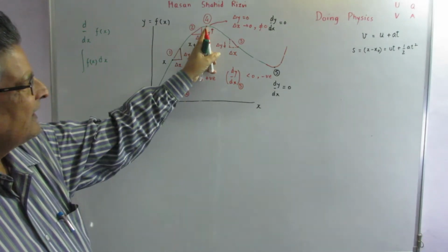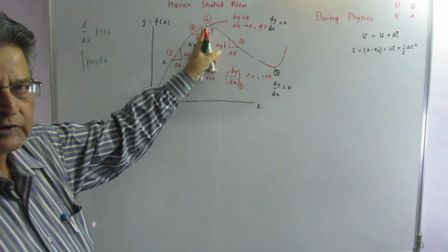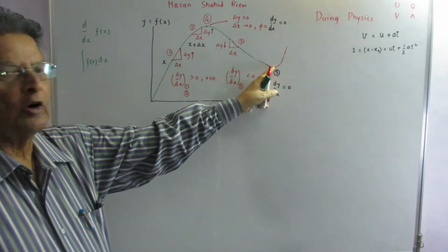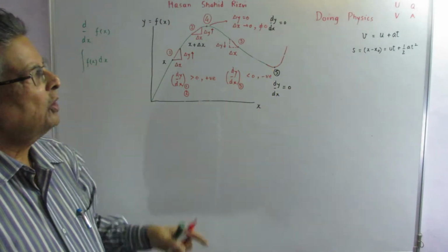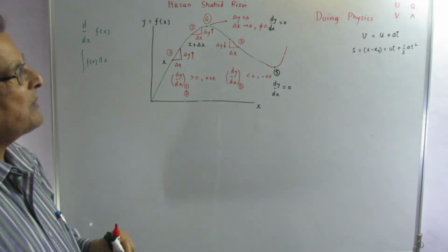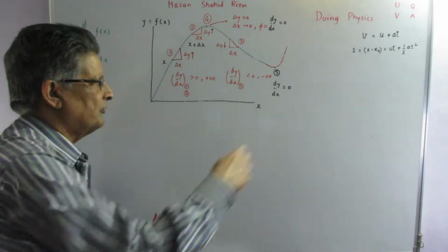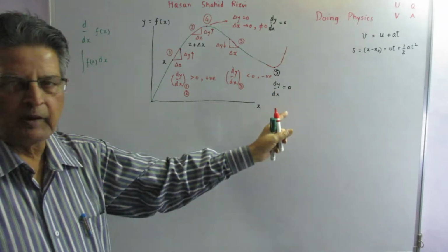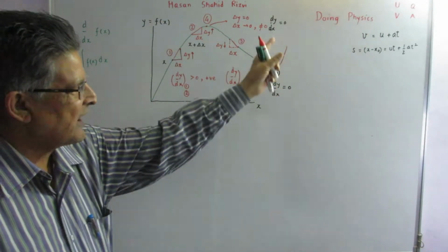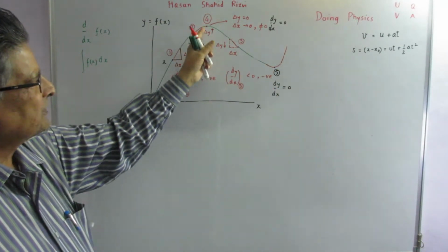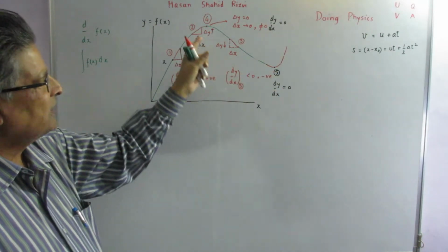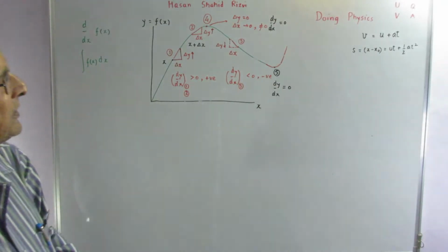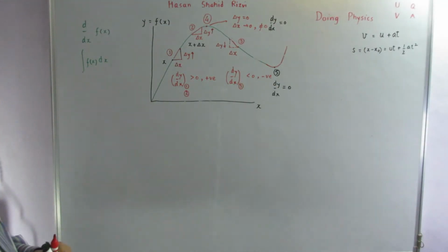This is a location we call the maximum value, and this is a location which we call the minimum value. If we map those functions for all values of x, then we will get some maxima and some minima, some peaks and some valleys. For the peaks and also the valleys, the value of dy dx is equal to 0.